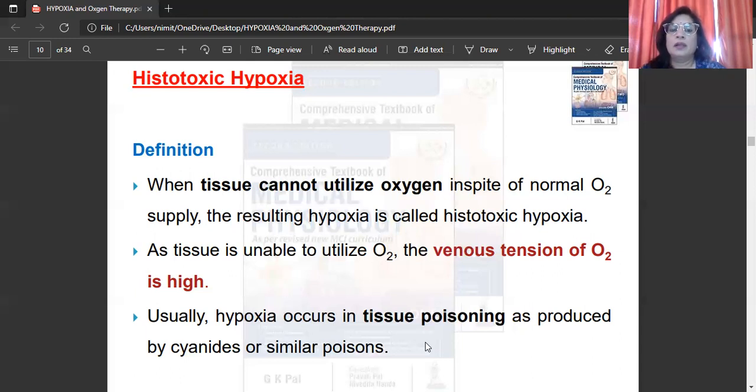So, whenever the tissue cannot utilize oxygen in spite of normal oxygen supply, this will lead to histotoxic hypoxia. And the important feature is that venous tension of oxygen is high, commonly seen in tissue poisoning.